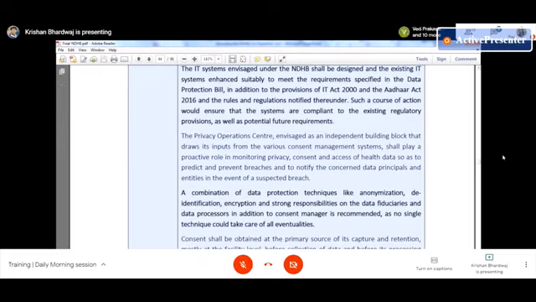So what NDHB is talking about is whenever you are exchanging the data, like for example e-objects, all the patient-related data, PHI data, should be de-identified or anonymized. I will prefer de-identification, because if you need to recover that data back for some reason, then you should be able to.